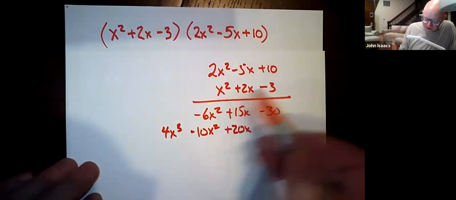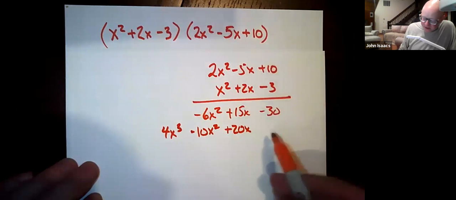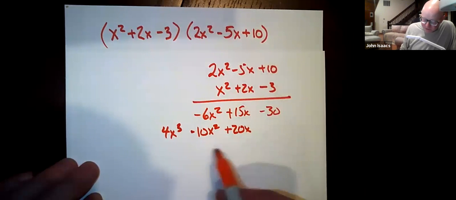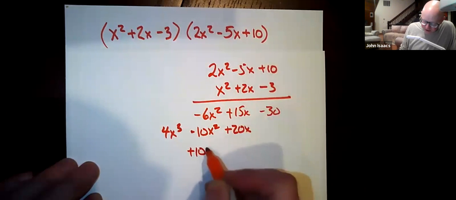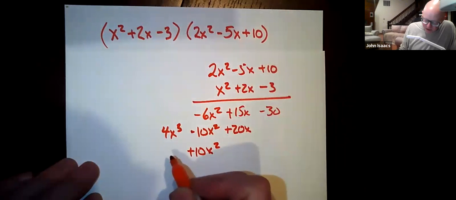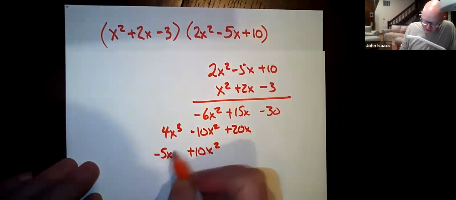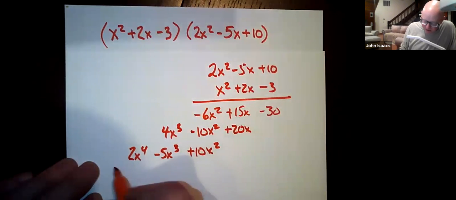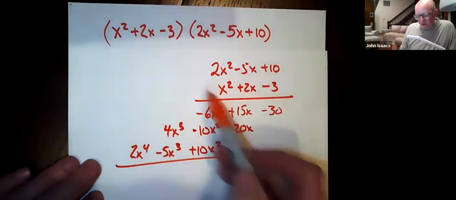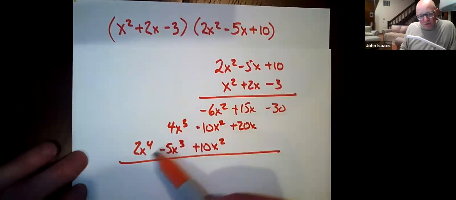And then I have to take x squared and multiply it by these things. And now instead of leaving just one space open, I'm going to leave two spaces open. And we get plus 10x squared, and we get minus 5x to the third, and we get 2x to the fourth. Now, you can see why I started on this side of the page, because it grows in this direction.